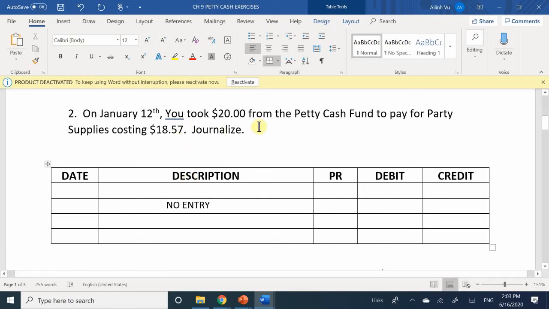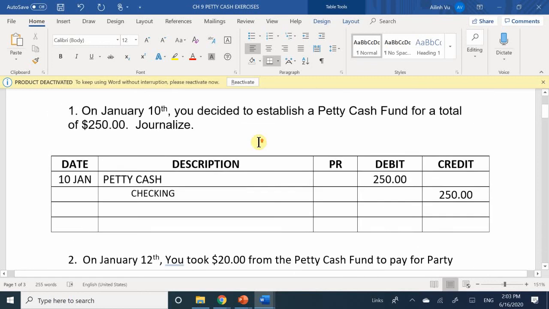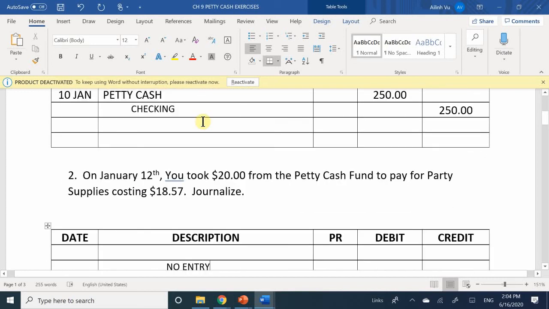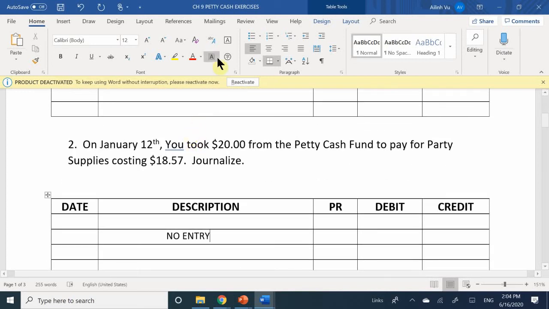If you were to credit your petty cash right now for $18.57, that means your petty cash should be $18.57 less than what you established it for. That means your total amount is only going to be 220 something dollars. And you're not supposed to do that.